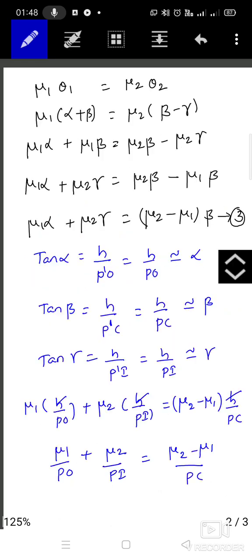Now by using this equation, mu1 by PO plus mu2 by PI is equal to mu2 minus mu1 by PC.